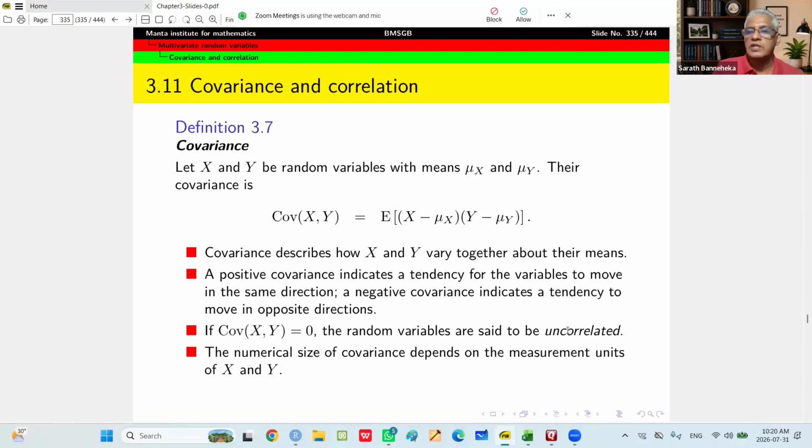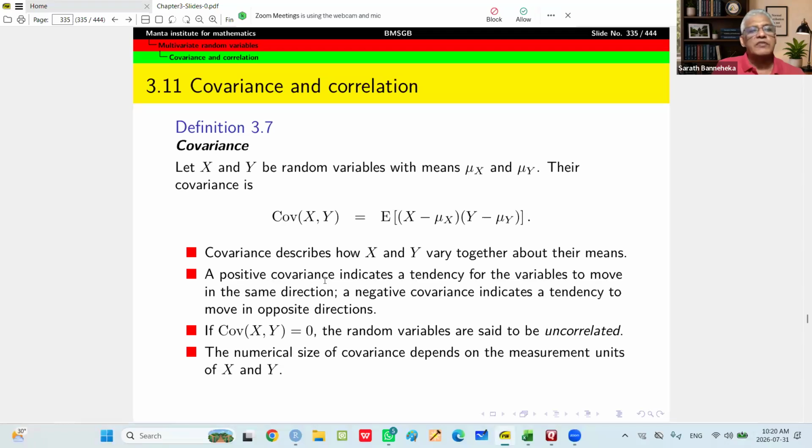Of course, there is a connection, but this is mainly about population quantities, right? So you have to understand clearly the difference between this discussion here and the discussion usually done under correlation analysis and regression analysis, right?